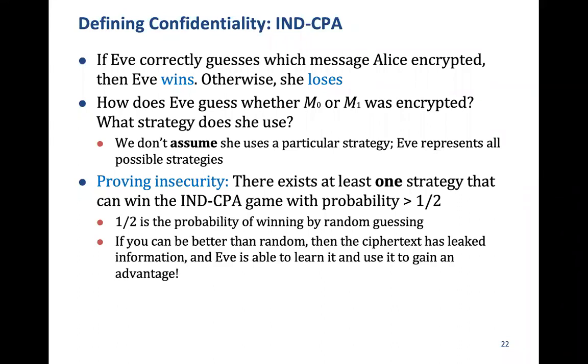If you can do better than random, then the ciphertext has leaked some information, and Eve is able to learn it and use it to her advantage.